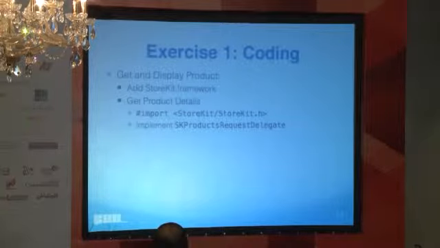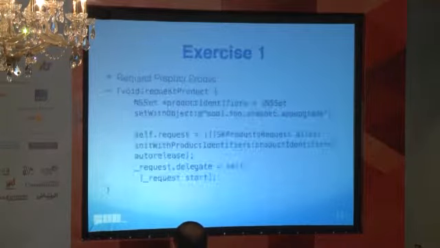In the class where you want to buy this product, you first have to import StoreKit. So you add the StoreKit framework to your project, import StoreKit, and implement the SKProductsRequestDelegate, so that when you request the product, you can receive the response.